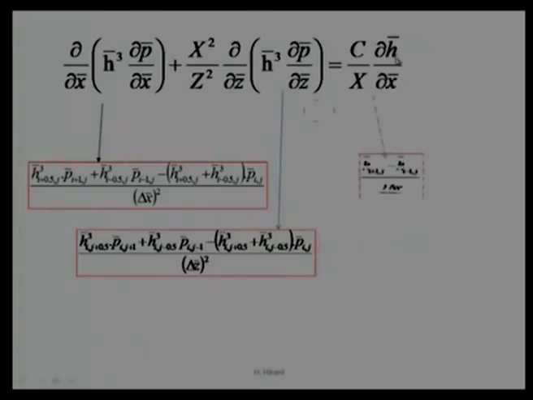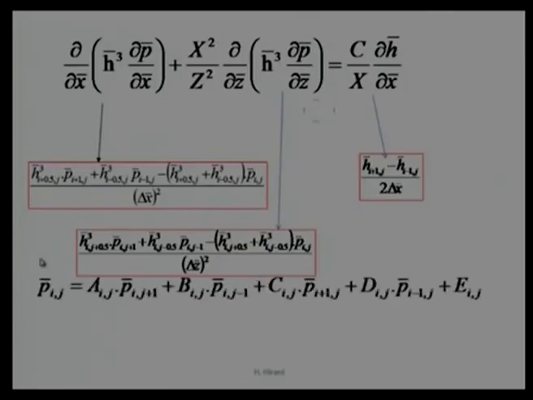Similarly, for the third one, we can simply write the finite difference h I plus 1, h I minus 1, and their pressure gradient. The film thickness gradient is only in the x direction. So, we can write the complete Reynolds equation in terms of nodal pressures and geometry terms. We can rearrange it in a much more meaningful way, like this.